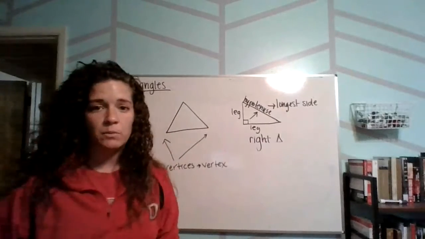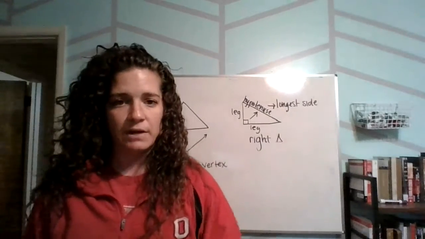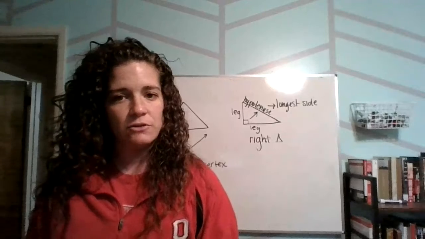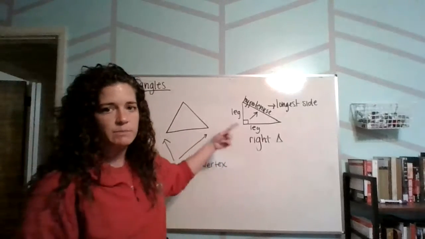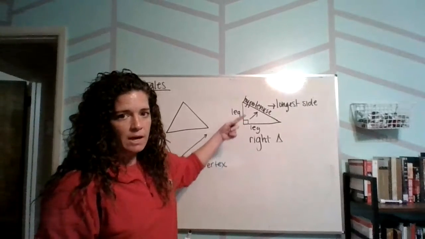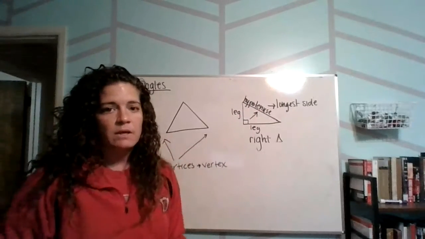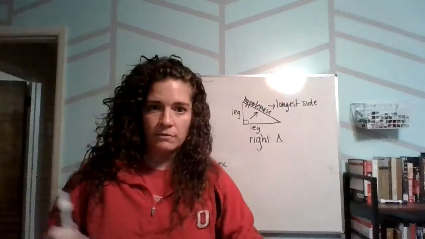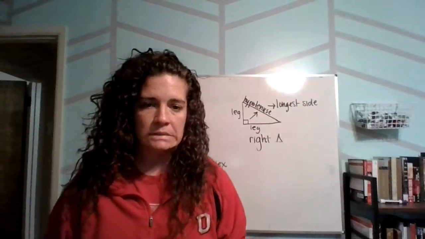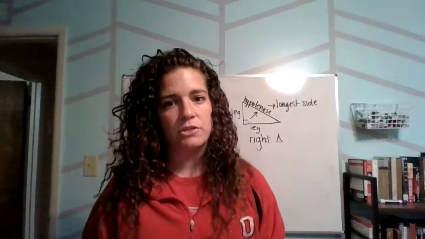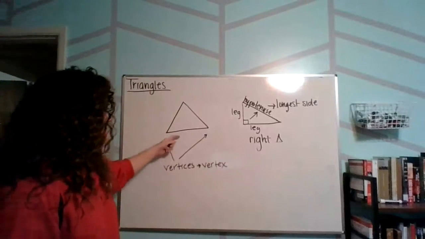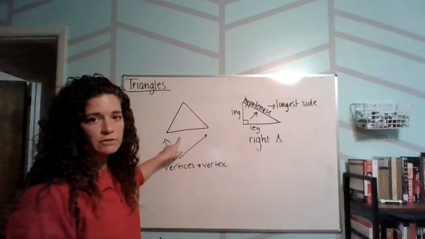And that came in big when we were talking about those 45-45-90 triangles and those 30-60-90 triangles. But the legs always make up the right angle. The hypotenuse is always across from the right angle. Now, where we got a little rough with the terminology is when we saw a triangle that looked like this, which is obviously not a right triangle.